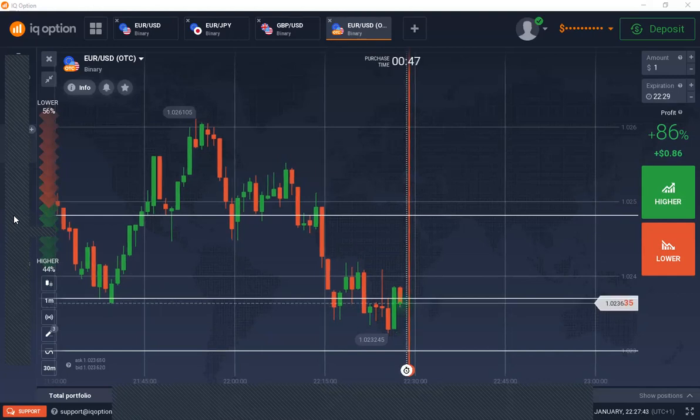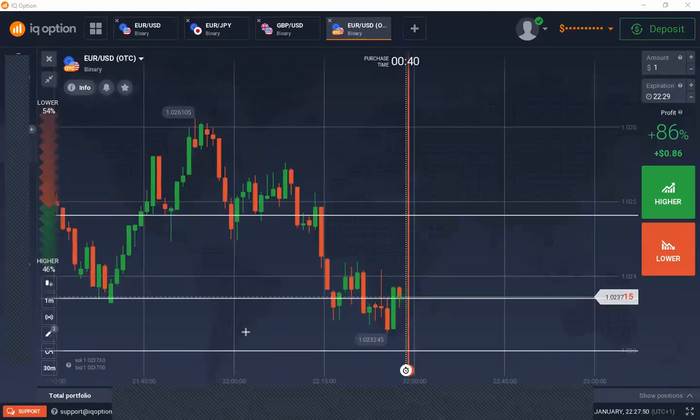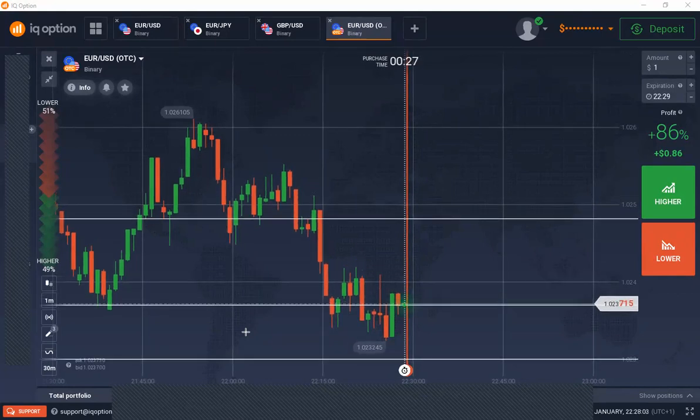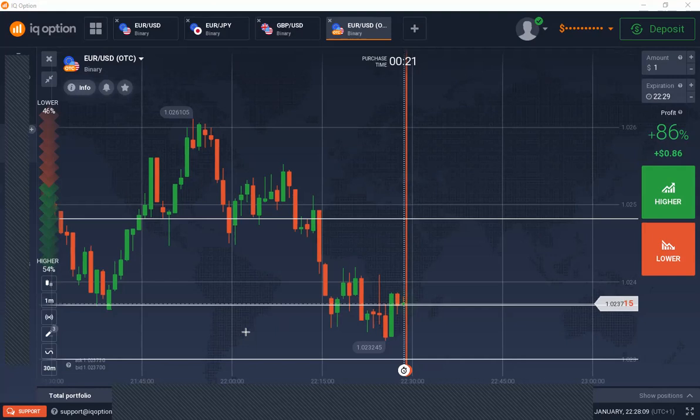For single candlestick patterns, we have the spinning top, doji, hammer, pin bar, hanging man. For multiple candlestick patterns with multiple candles, we have the engulfing candle, three white soldiers, three black crows, evening star pattern, morning star pattern, and what next?